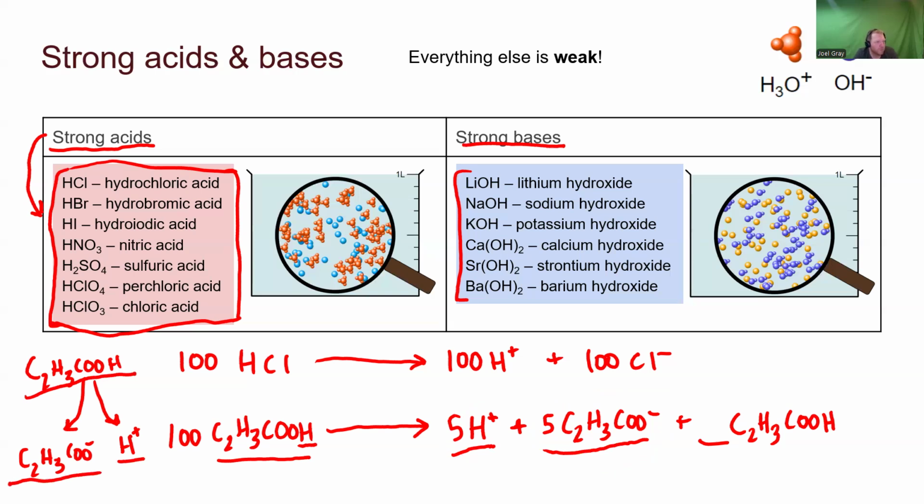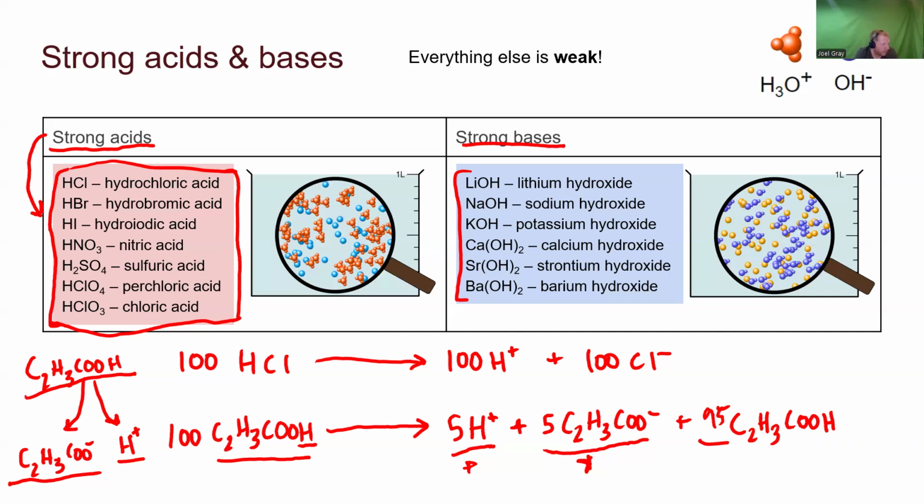So if you end up with five of these and five of these, 95. Great job, Ryan. Because only five of the 100 C2H3COOHs will break up. 95 of them will remain intact. It's always tempting and tricky to look at those numbers and try to track it.